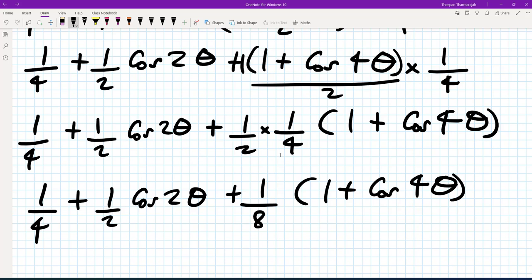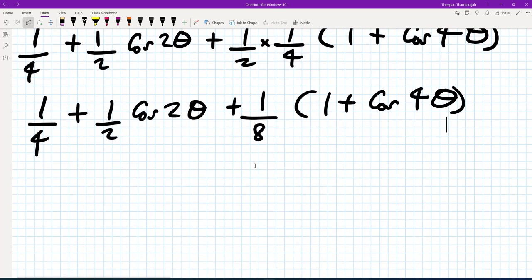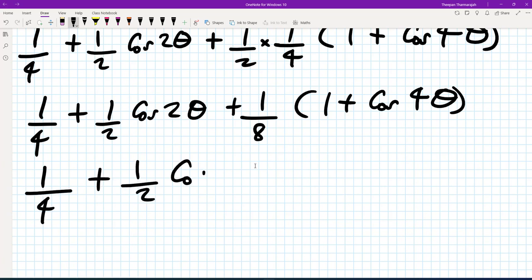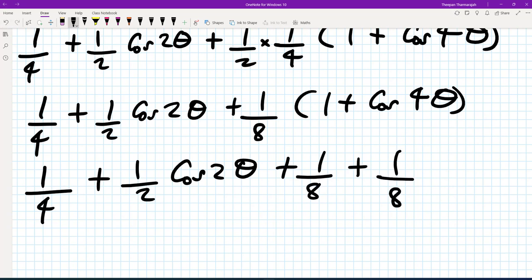Now what happens is we get the following: a quarter plus a half cos 2 theta plus 1 over 8, plus 1 over 8 cos 4 theta. So we can only add fractions if you have the same denominator.